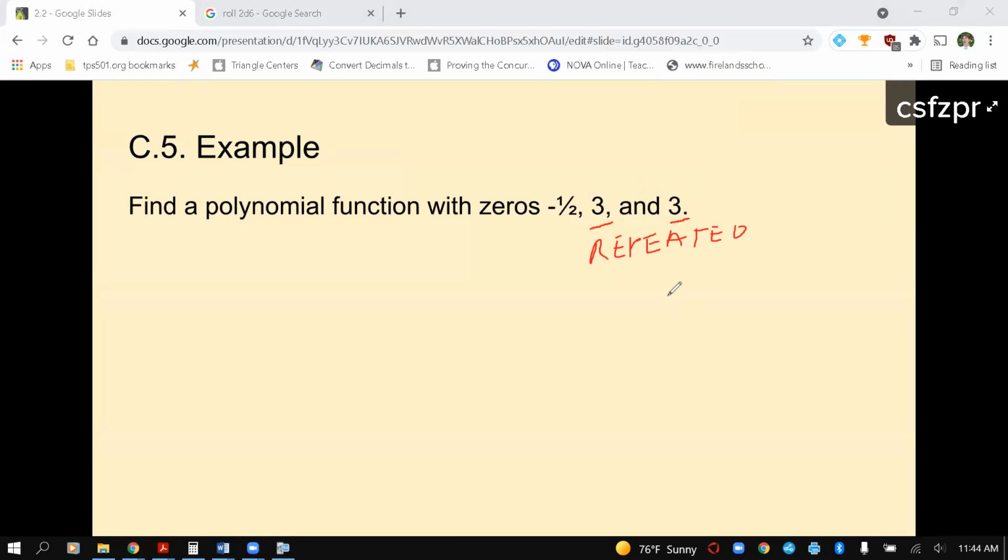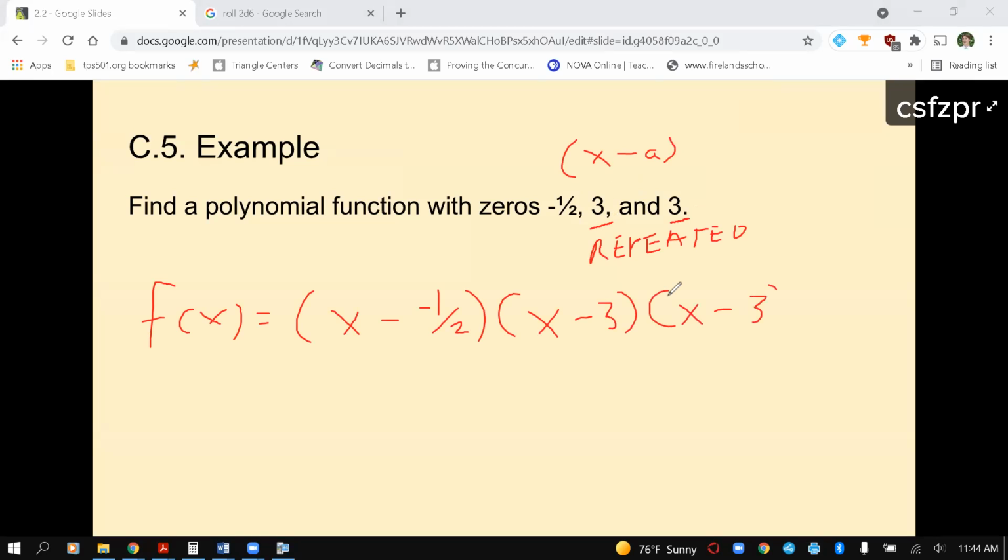So for each of these, I can write x minus a, where a is the different numbers here. So f of x could be x minus -1/2, x minus 3, and x minus 3. Those are the factors of my polynomial.